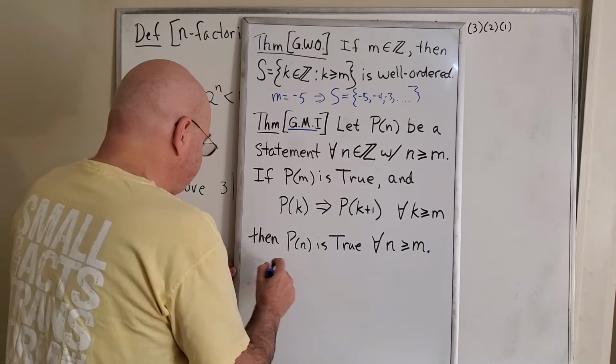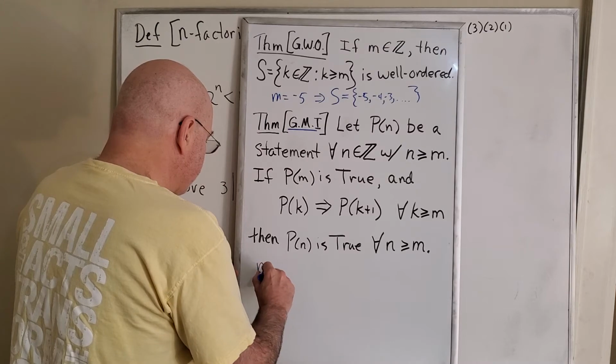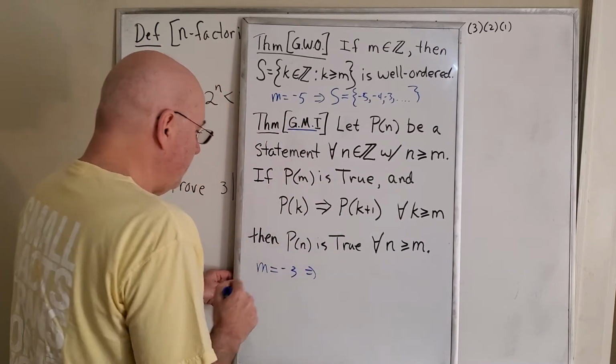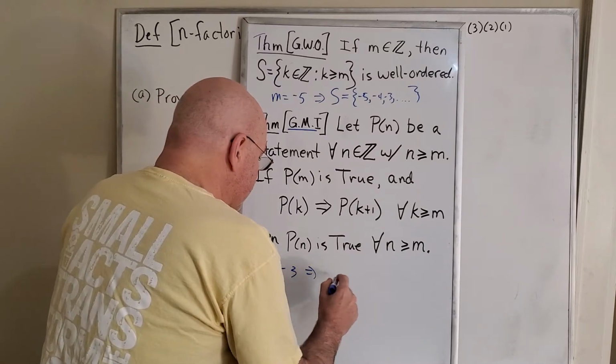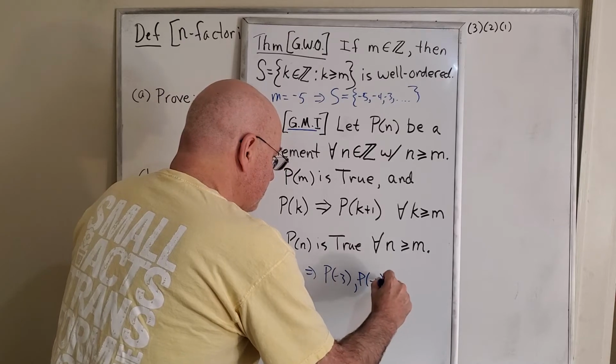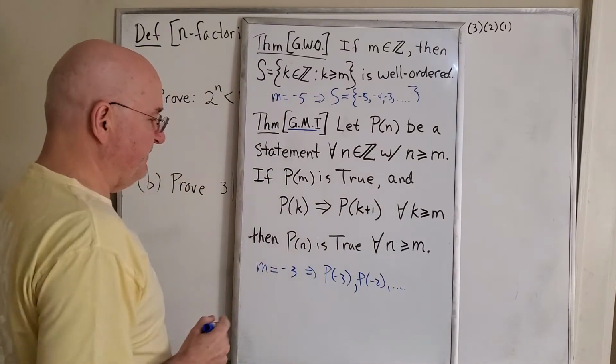So, just as an example, I'll use m equal -3 this time. If m is -3, that means our statements are P -3, P -2, and so on to infinity.